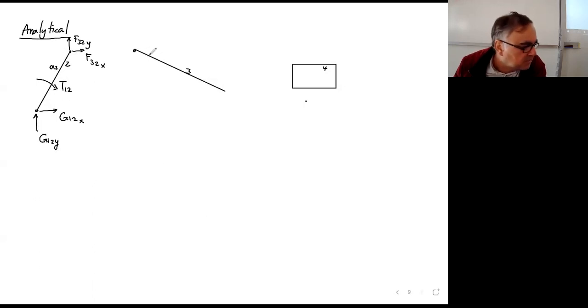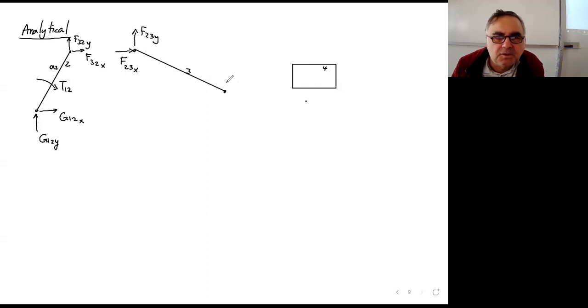How about this one? You have F23x, F23y. Here you have another revolute joint, so F43x, F43y. And here you have T4.